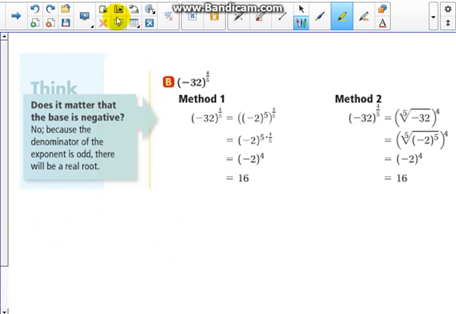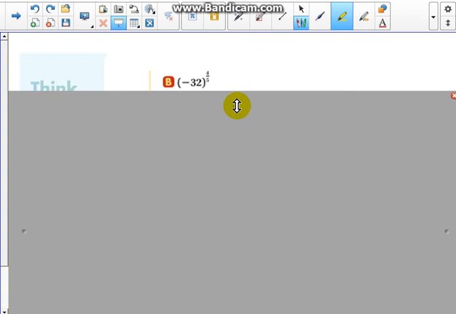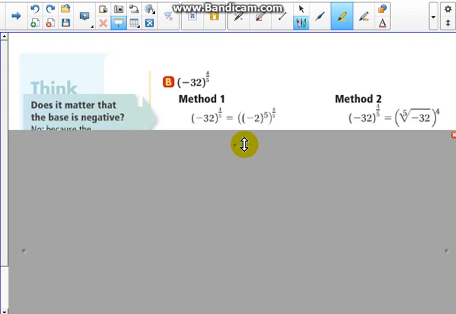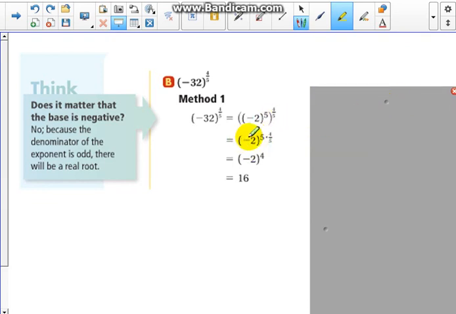Now we've got another problem here. We've got negative 32 to the 4/5. Now they're throwing in a negative power. So negative 32 to the 4/5. Now we know we're working with fifths, so how about negative 32 is negative 2 to the 5th power. All right, and so I'm going to leave method 2 off this time.